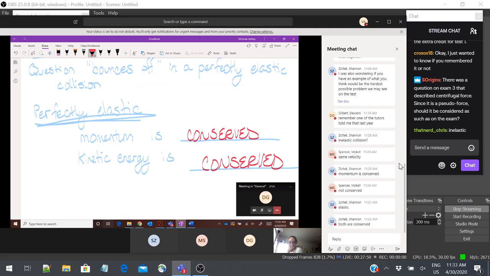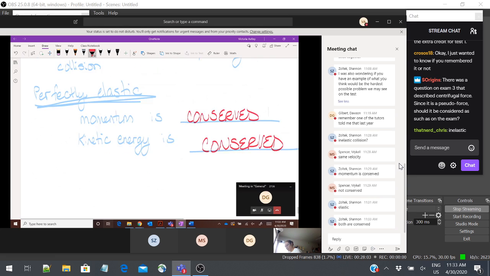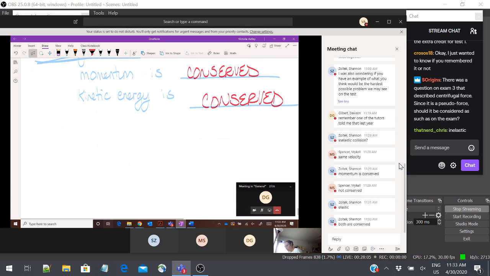Okay. So there are some different things that you might see for this. So there's one-dimensional and there's two-dimensional. So one-dimensional, the thing here is the student's like, okay, I know I need to use momentum conservation.